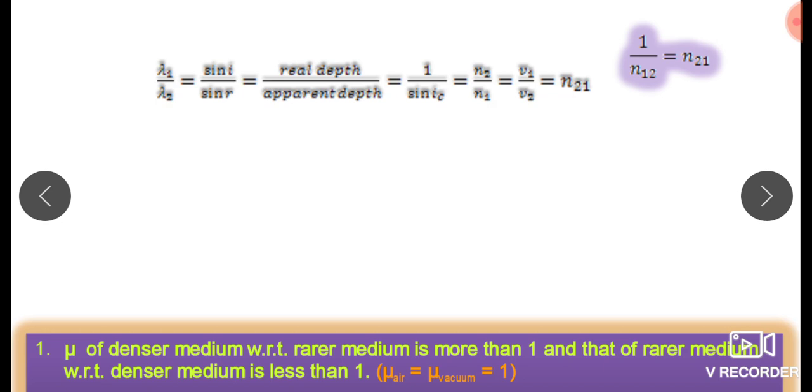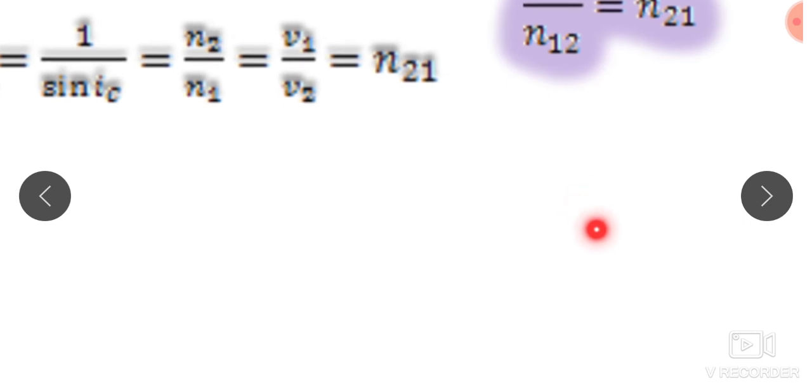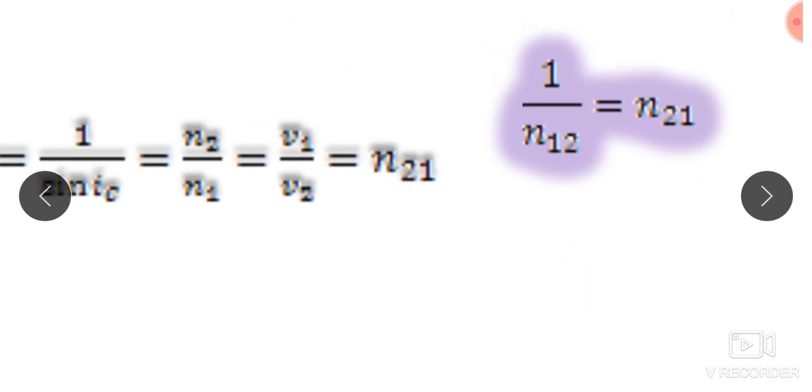Next, if you interchange the path of the light, going from the second medium to the first medium instead of the first to the second, then we obtain the reciprocal of the refractive index: 1 by n12 is equal to n21. This is the principle of reversibility. If the light travels from the first medium to the second and back, their product is always equal to 1.